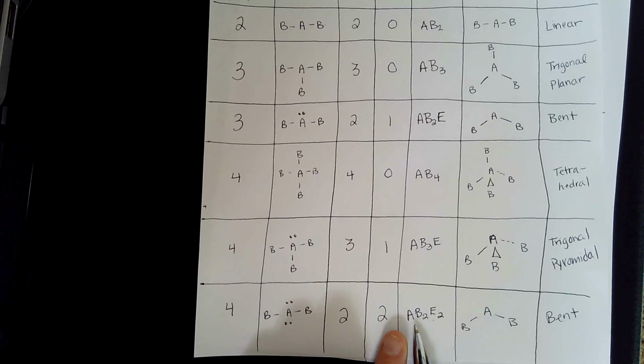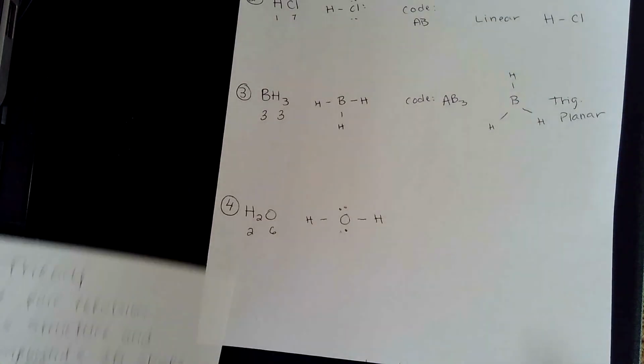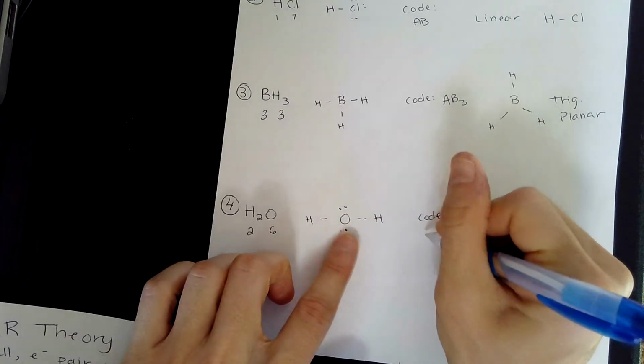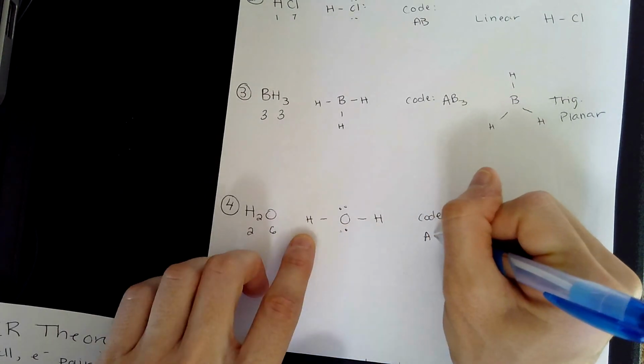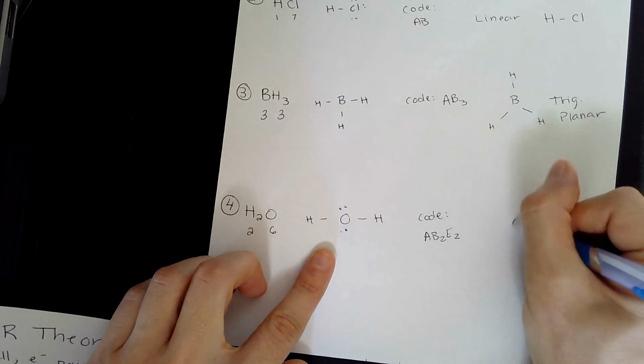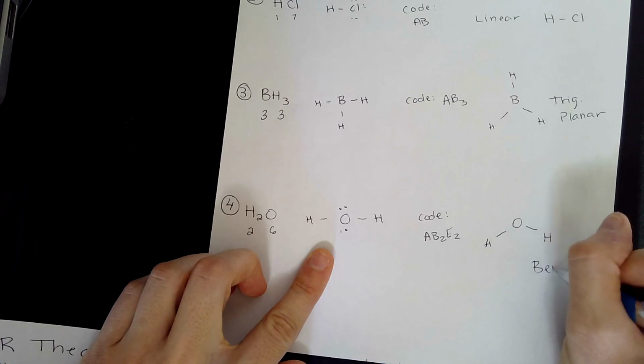So our code would be AB2E2, and our shape is bent. So our code, our central atom A, 2 bonds, 2 electron pairs, and our shape is bent.